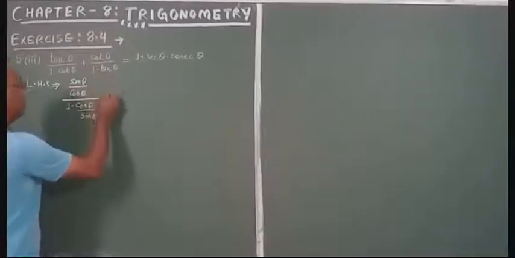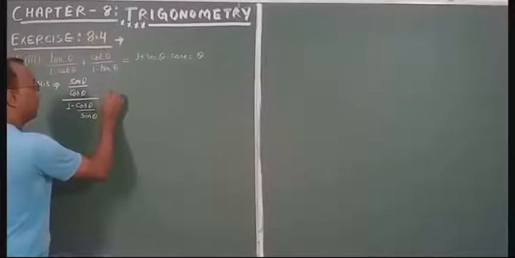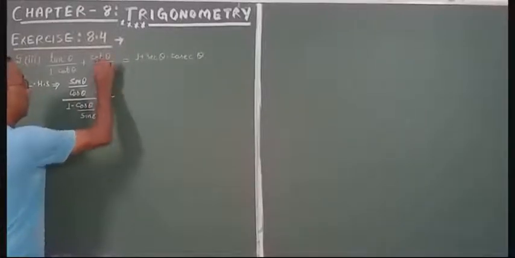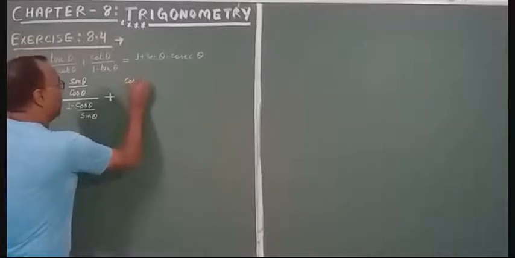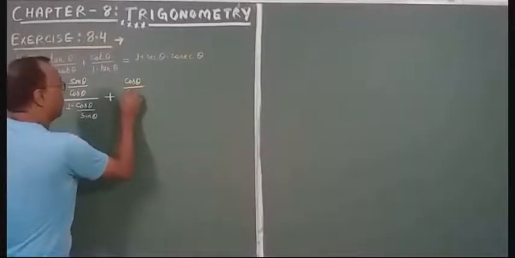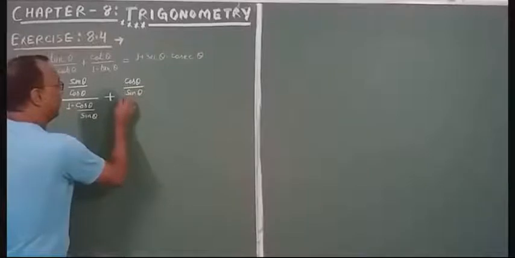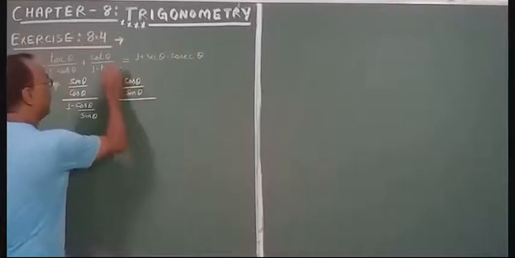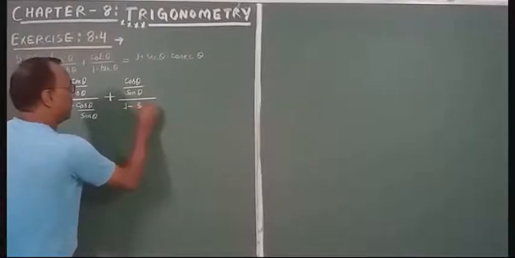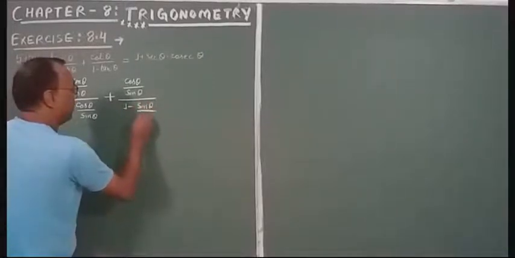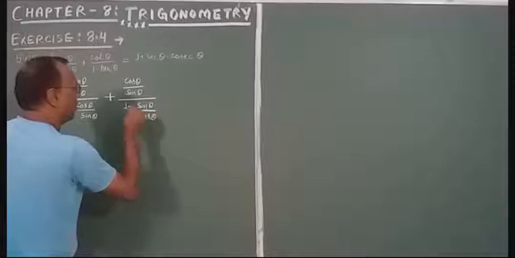Now this is the plus sign here. Again I am changing this cot theta into cos theta upon sin theta, and divided by 1 minus tan theta, which is sin theta upon cos theta.